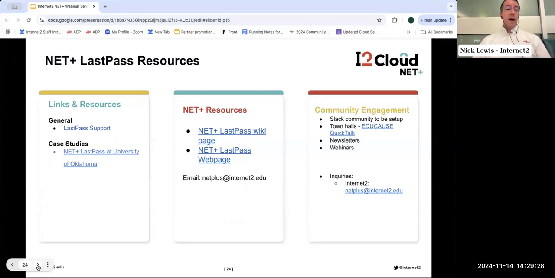We did a town hall in 2022 where University of Oklahoma talked about their campus. We did that in collaboration with EDUCAUSE, using a quick talk to engage with the broader community and share how University of Oklahoma is using LastPass. And then contact Net Plus at Internet2 if you've got any questions, or myself if you've got any questions or feedback. Next slide, please.